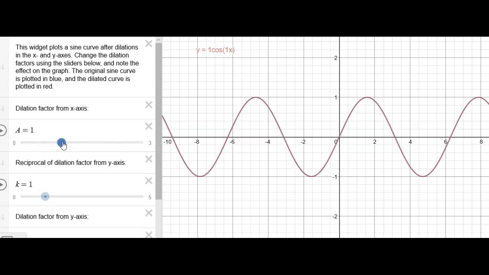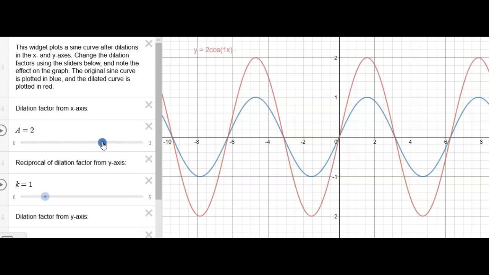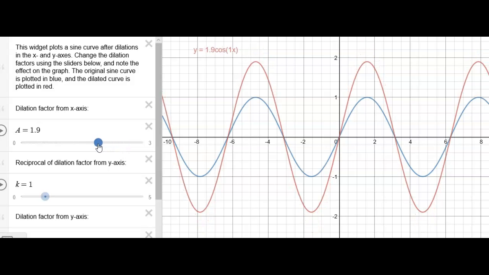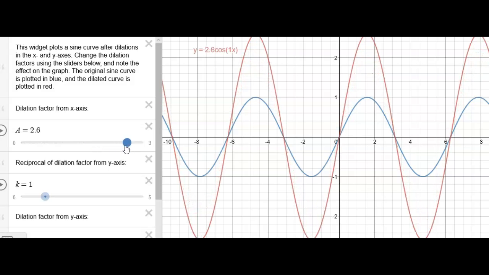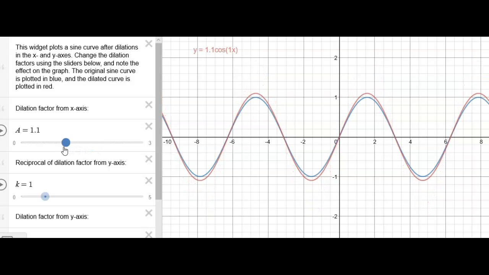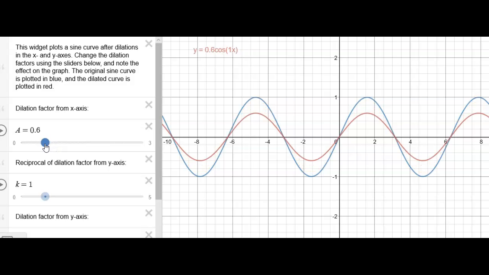When I change the value of a, can you see that coefficient changing? So our graph is kind of getting stretched. The turning point and the point it crosses the x-axis stays the same, okay, but our amplitude is changing. Kind of think of them as sound waves. So, you know, when you've got a higher pitch, you usually get something like that, and a lower pitch is lower.